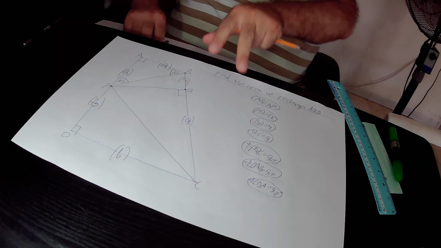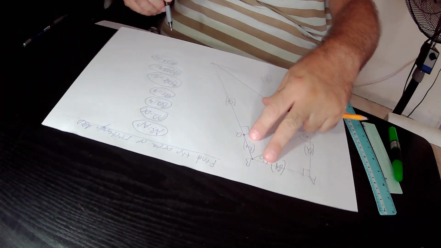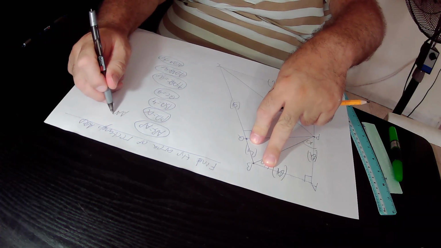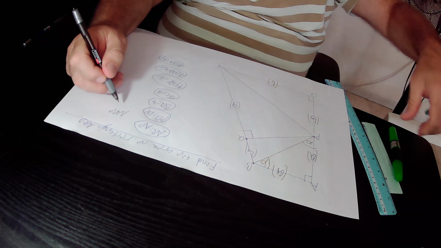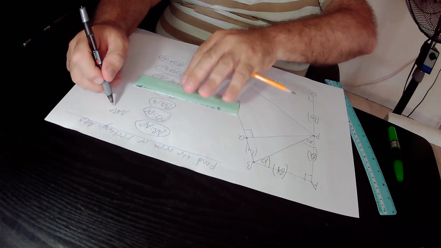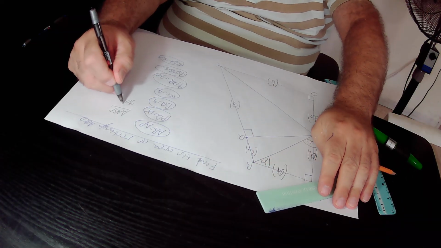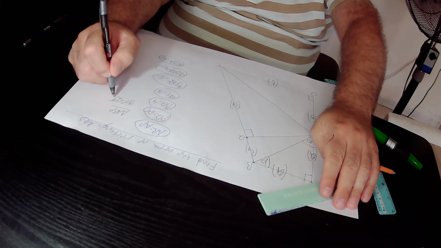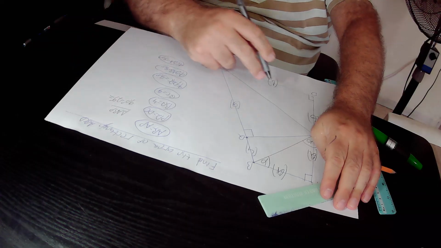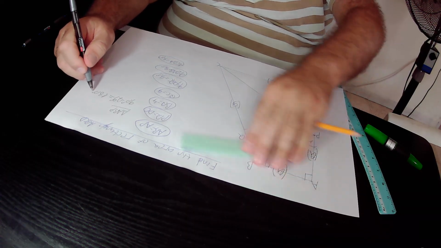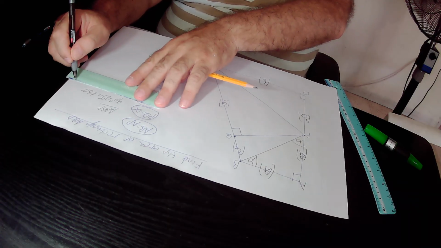So I write it now. In the right triangle ABP, the sum of the angles must be equal to 180 degrees. That is to say 90 degrees plus 2 alpha. In total, the sum of those three angles must be equal to 180 degrees, according to the rule that the sum of the angles in any triangle is equal to 180 degrees.